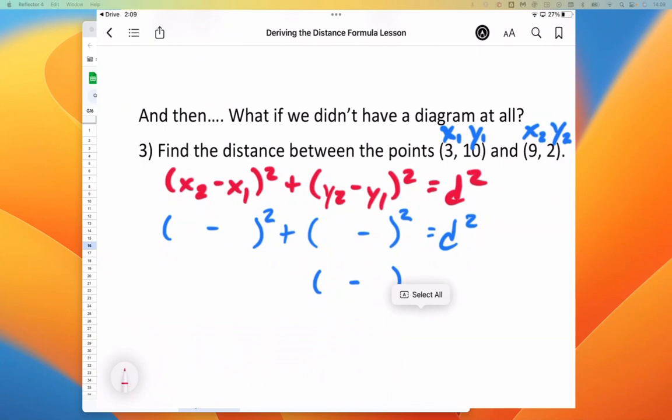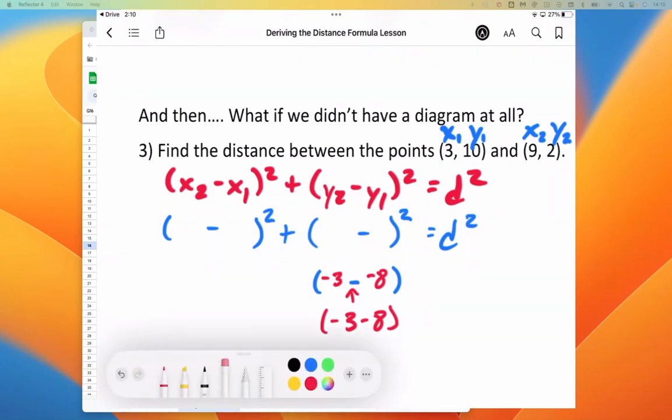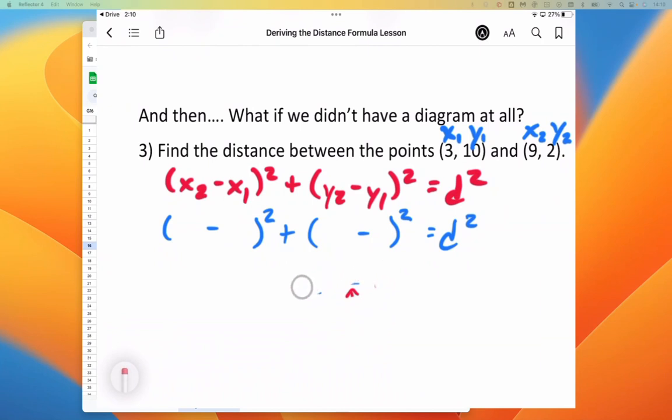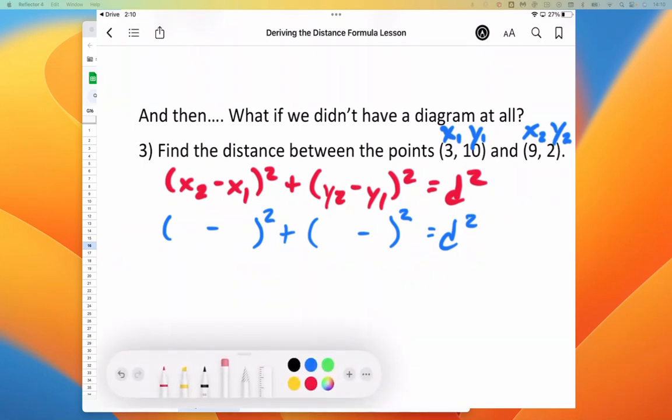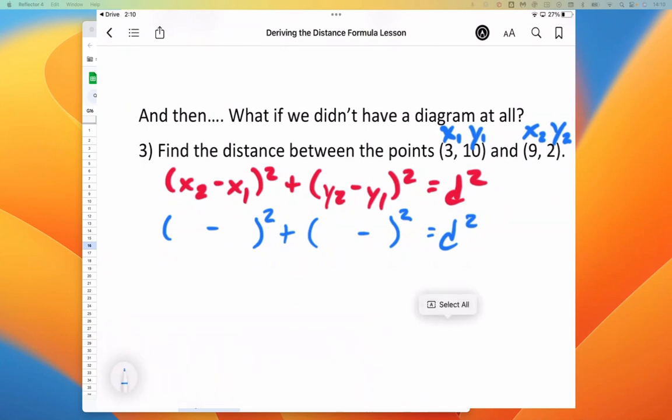And if you have a negative y value like negative 3 minus negative 8, what happens a lot of times is people accidentally just write negative 3 minus 8, and they forget about that negative because there was already a negative there, and so they think, oh, I put negative 8. So my suggestion is that you always put this template together, like I have right there, before you put your numbers in. It will help you out a lot.